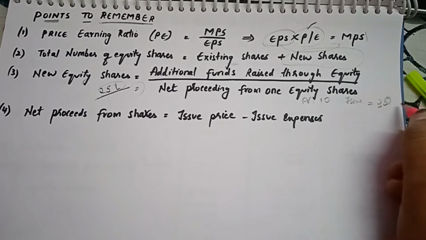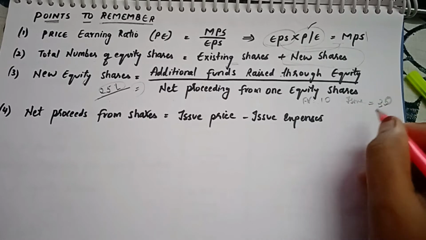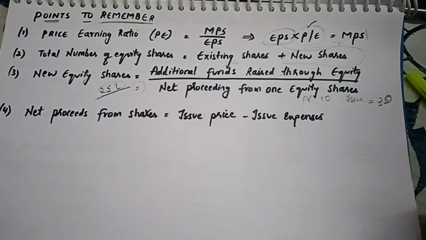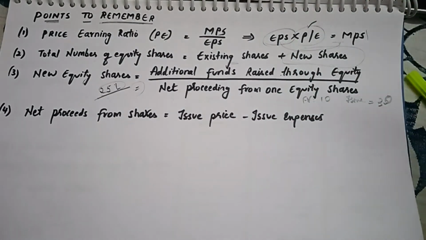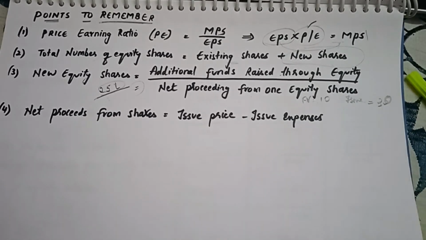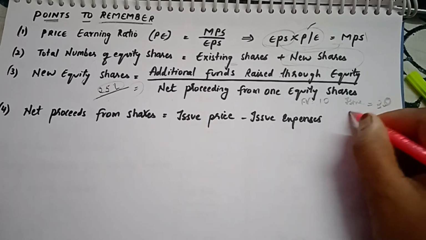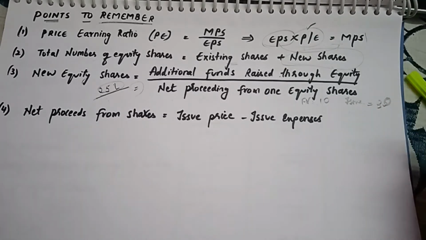But what happens while issuing the shares? You will be having some costs directly right away. You cannot just announce on the mic that you're issuing at 30, who wants to buy, right? You need to be raising that amount. There are so many procedural aspects, so many other aspects, that you need to incur expenses for. You need to raise an IPO and all.